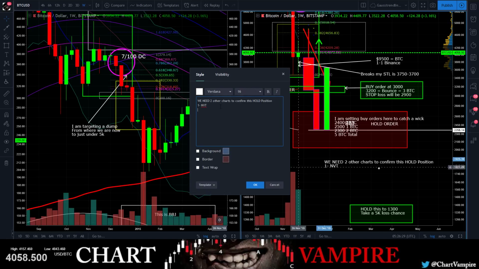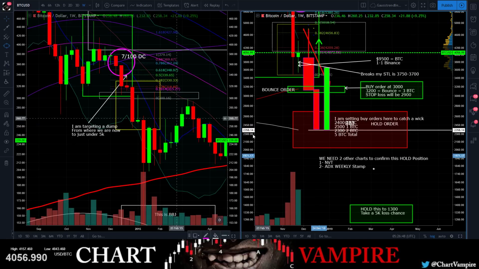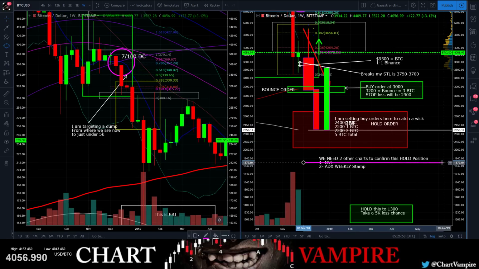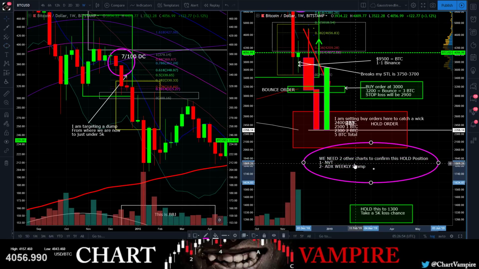So we need the NVT chart to confirm this. Number 2 is we need the ADX weekly stamp chart. These are the 2 charts that we need to confirm a hold on this position. If we can't find the hold on this position based on the NVT chart, then our bottom becomes null and void.